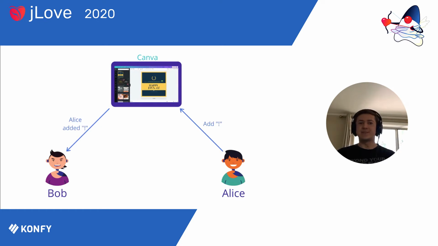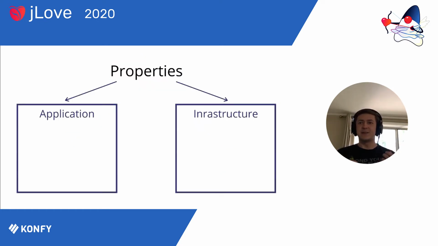And there are many properties such a system could have, especially around reliability. And fundamentally, there are two sets of properties. The first one are application properties. And they contain everything that the application is concerned about. It's the protocol, timeouts, rate limiting, everything that belongs to the application code. And the infrastructure is all about running the app.